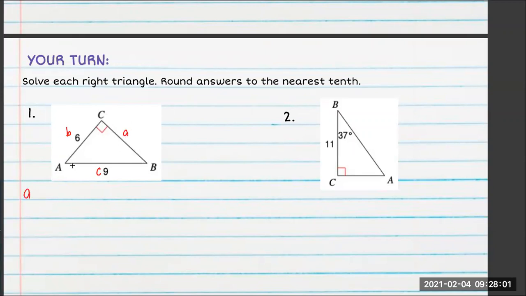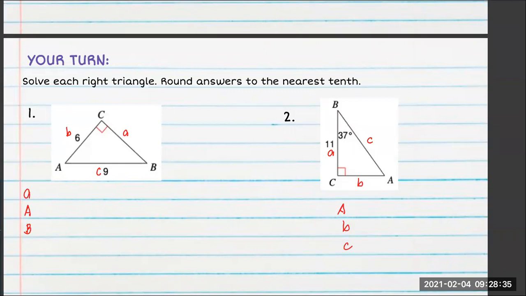You have to solve for angle A, that's missing, and you also have to solve for angle B. These three. And then for number 2, you need to solve for angle A. Angle A is missing. This would be your side A, this is your side C, this is your side B. So side B is missing and side C is also missing. So these are the 3 things that you need to find.